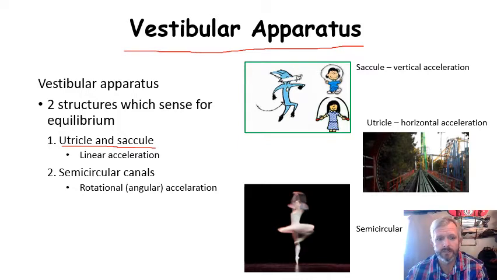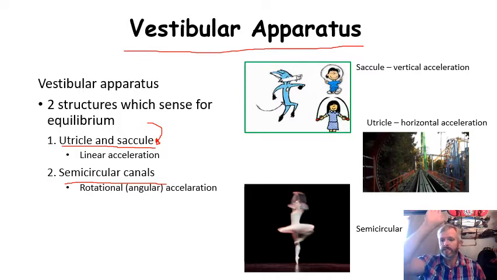Those are our semicircular canals, and there are three semicircular canals. We'll look first at the utricle and saccule, and what this gives us is linear acceleration in one plane. Think horizontal, front to back, and up and down.